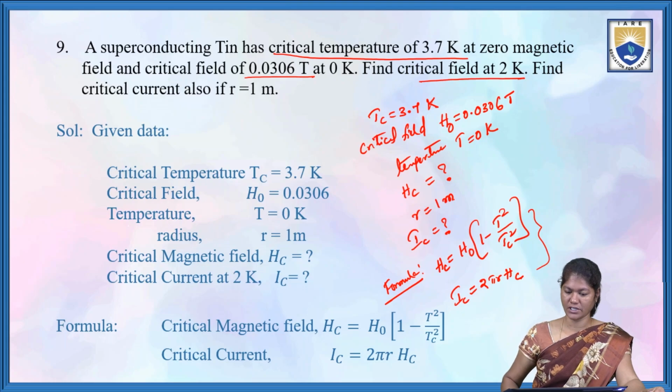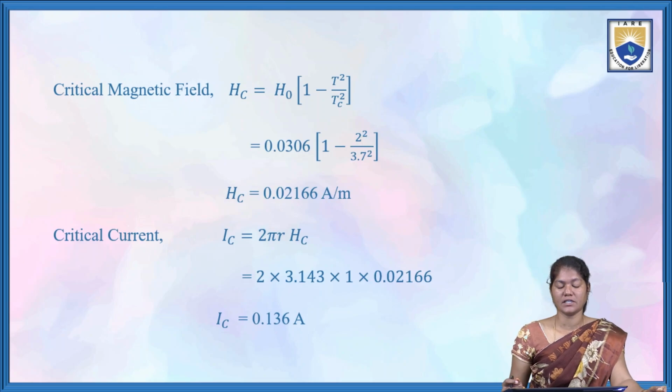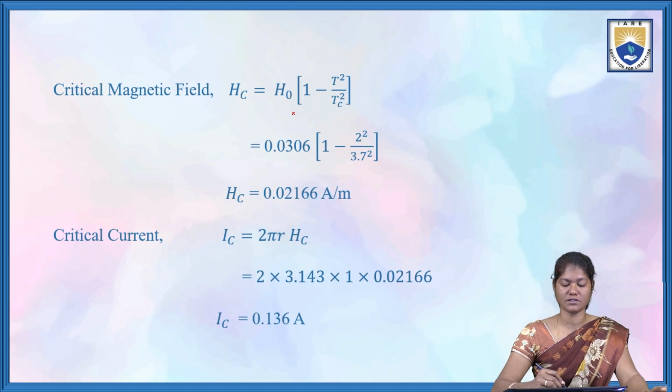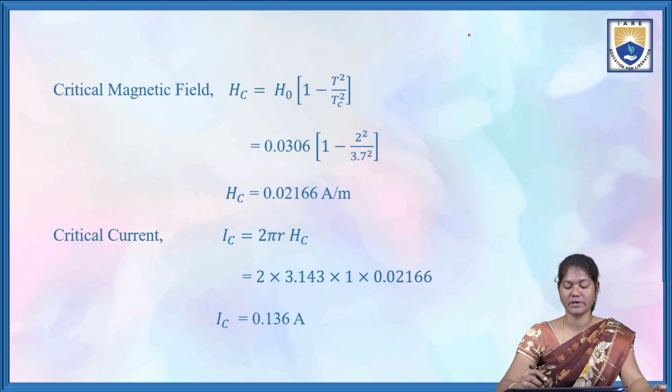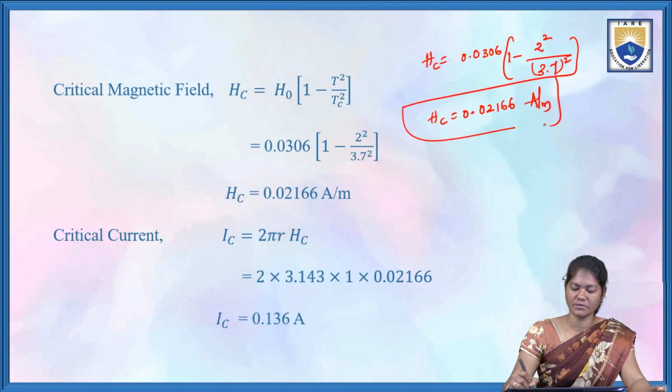So Hc is equal to 0.0306 into 1 minus 2 square by 3.7 square. So Hc becomes 0.02166 ampere per meter.